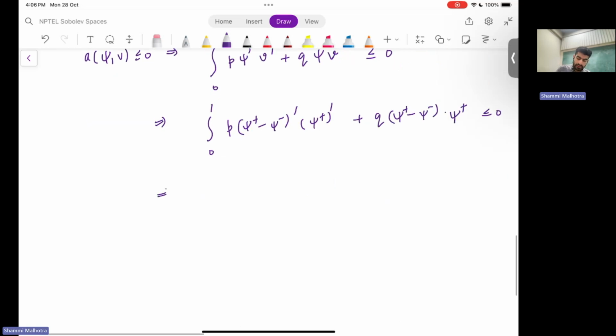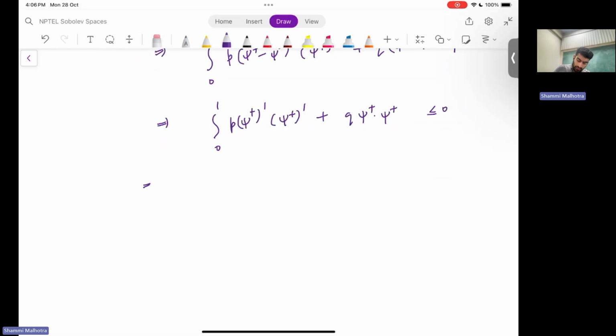Then psi plus and psi minus have supports whose overlap is empty, or where both are 0 only. So the integral of the cross terms of psi plus and psi minus will be 0 only. Since that is the case, we have the integral from 0 to 1 of p (psi plus)' (psi plus)' plus q psi plus times psi plus, which is less than or equal to 0.